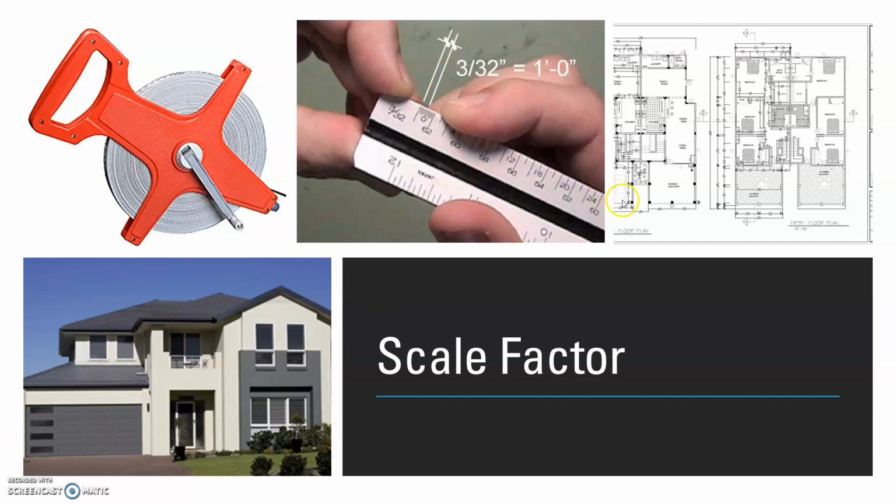For example, just imagine this is the garage, and you want to see the width of the garage from here. You can just easily measure it using this scale, and by having this scale factor, you can find the width of the garage door.